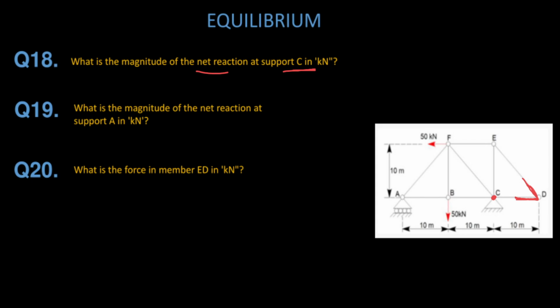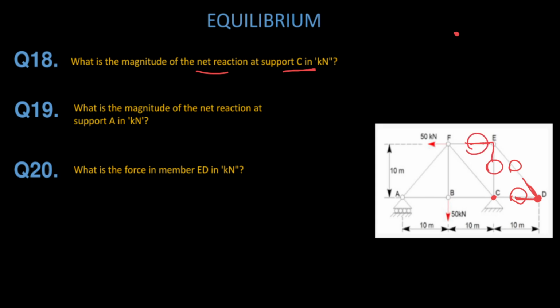So the joint D is not in equilibrium, because for a joint to be in equilibrium, whether it is a particle or an object or a joint, if there are two forces acting, for the equilibrium the two forces must be equal in magnitude, opposite in direction and collinear to each other. Here they are not collinear, so it's a zero force member. Okay, since again these two will be zero force members.